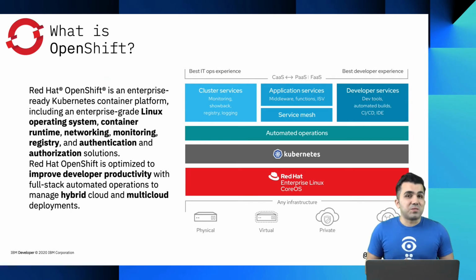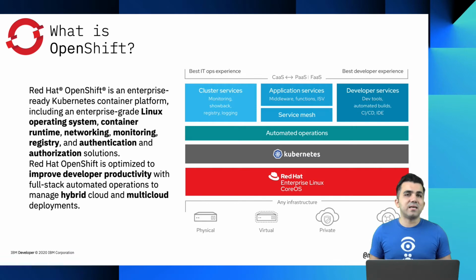Well, let's describe it this way. OpenShift is built on top of Kubernetes and brings along all the brilliant features of Kubernetes, but it bundles it with the essential features that will ultimately provide the best experience to both developers and operation engineers. But how does it achieve that?